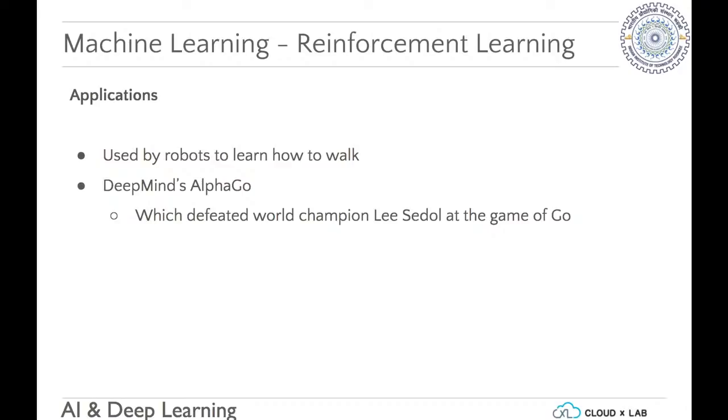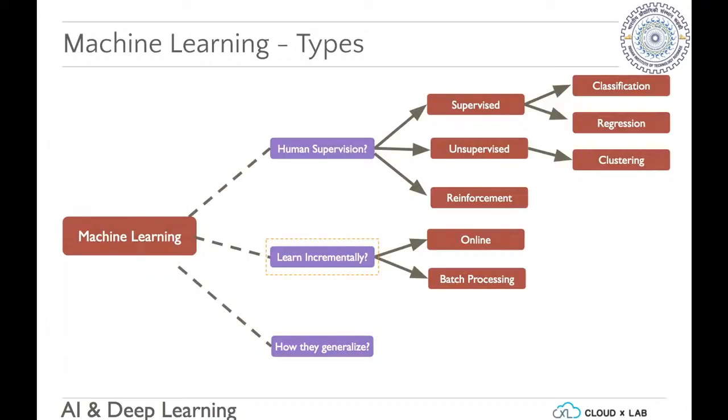AlphaGo, which defeated the champion Lee Sedol in the game of Go, was trained to play Go by itself, by giving it an environment and playing against itself. It kept on playing until it figured out the best way to play the game. This is called reinforcement learning. All right.